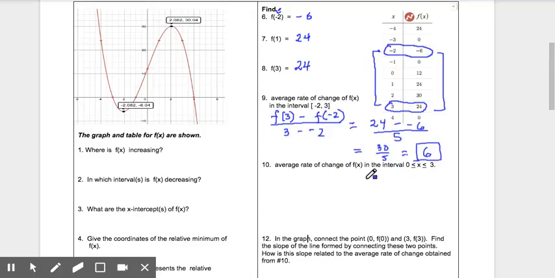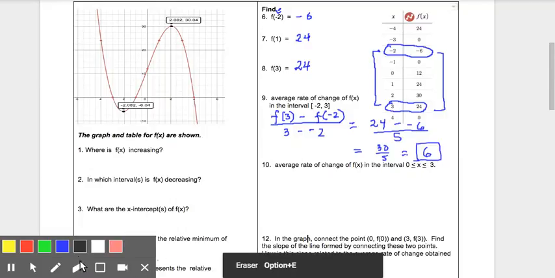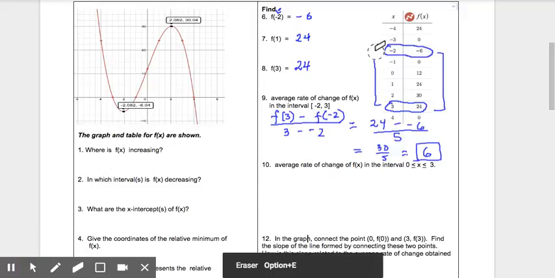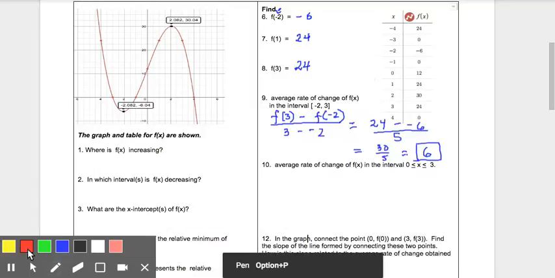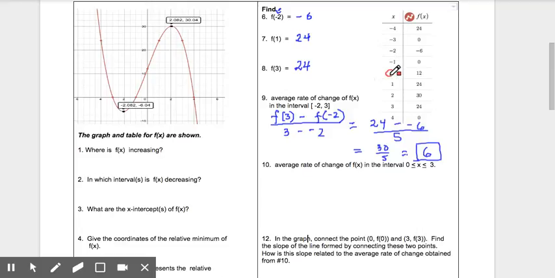Now for number 10, what is the average rate of change of f of x in the interval 0 to 3? So this means 0 to 3. So let me just erase this. Okay, we want 0 to 3. So when x is 0, y is 12. And when x is 3, y is 24.